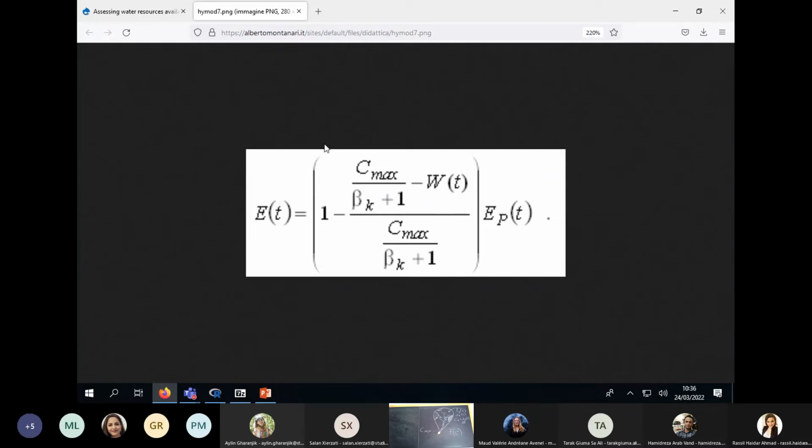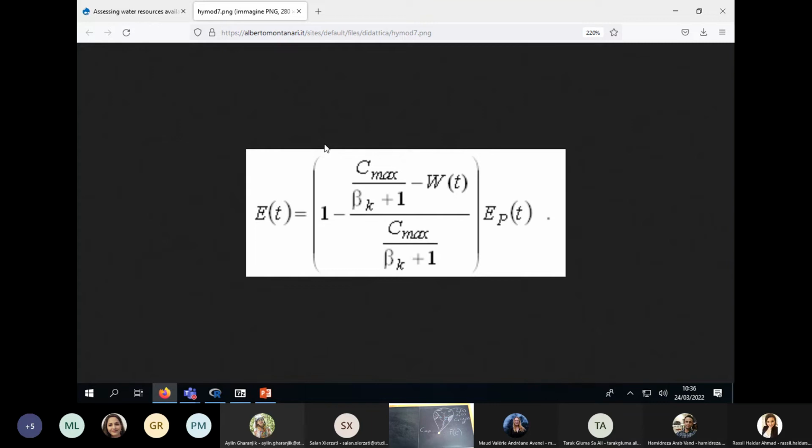If the soil is dry, you have no evapotranspiration, even if you have the same conditions. So it's a quantity that depends on temperature, solar radiation, wind. Wind increases the evaporation a lot, as we know, but it also depends on the water availability.